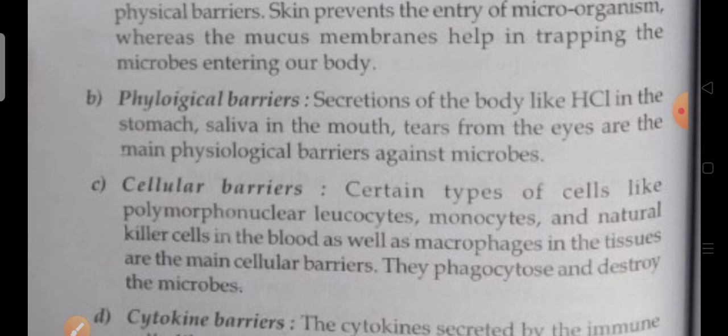That is one of the functions of the HCl. Next, saliva in the mouth also expels microbes outside. Next, tears: if any dirty particles or foreign bodies enter our eyes, with the help of the tears we can expel the dust particles to the outer world. Saliva in the mouth and tears from the eyes are the main physiological barriers against microbes.